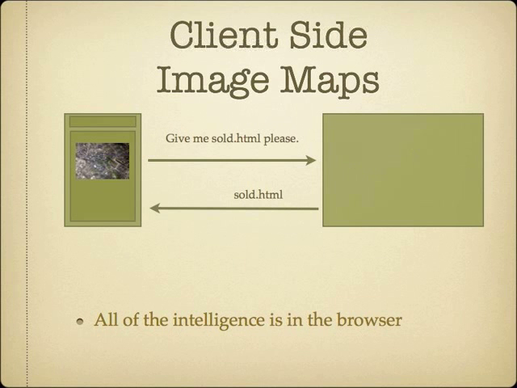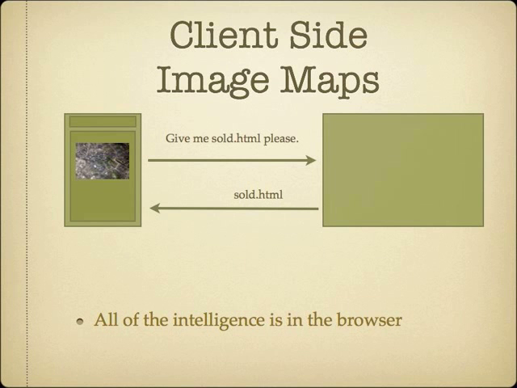Client-side image maps are very different. With client-side image maps, all of the intelligence is in the browser. The browser gets from the HTML file all of the information it needs to make the decision itself about what a particular click on the image means.